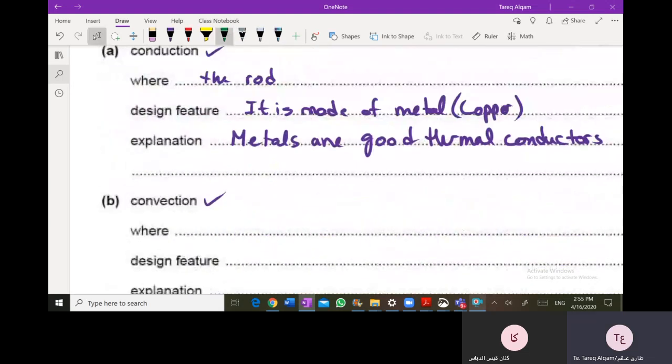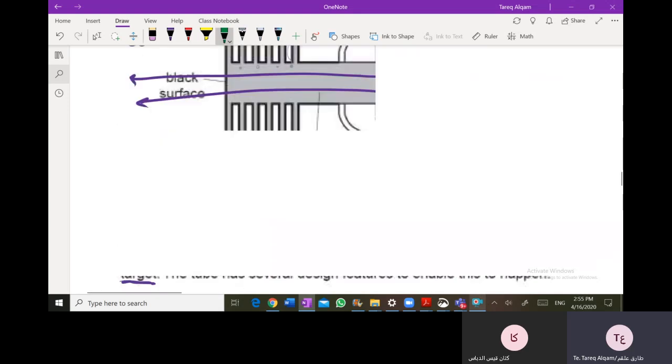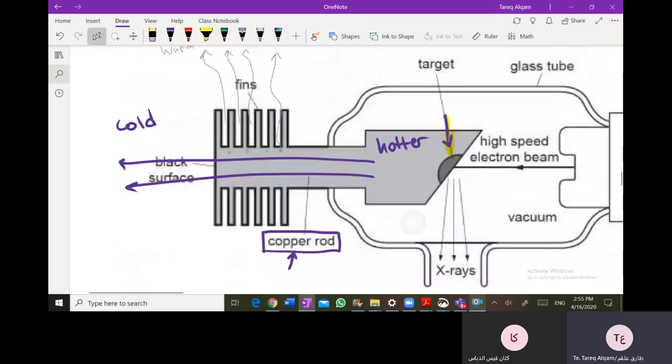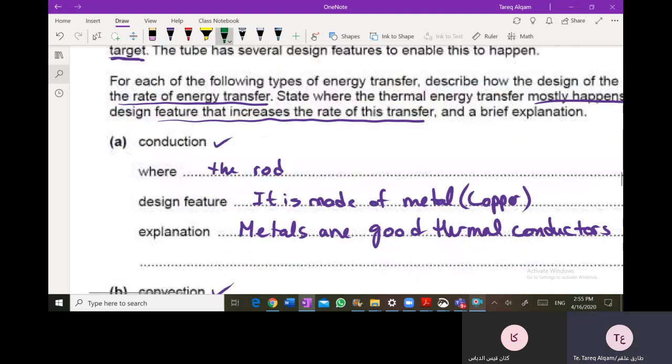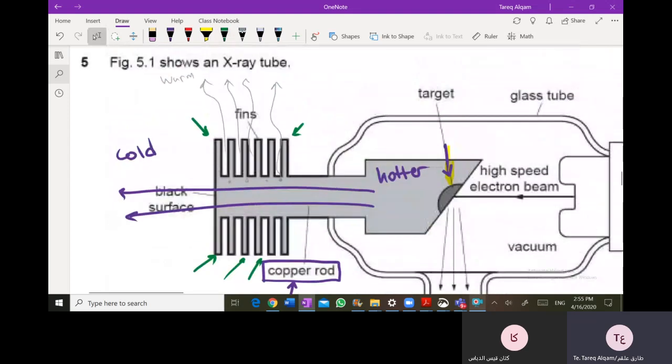So where it takes place, between the fence, a design feature. Why is the end of the copper rod made like a fence? Because here the fans will make more air in contact with the metal.